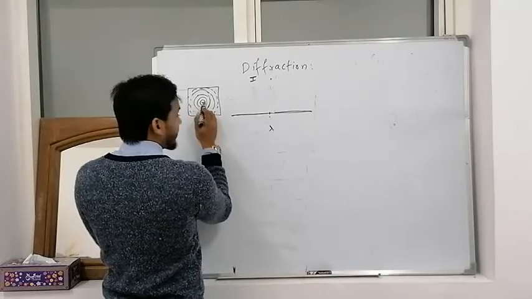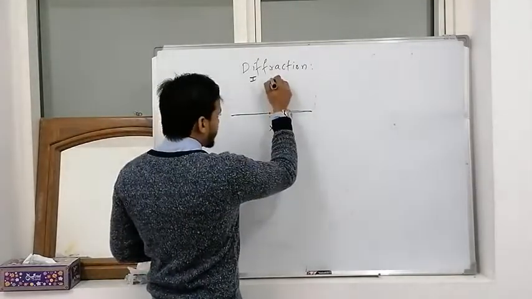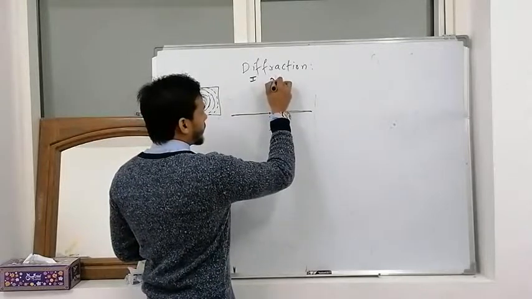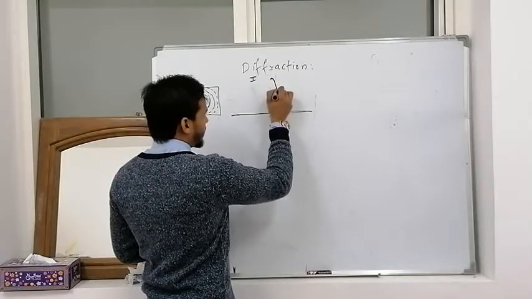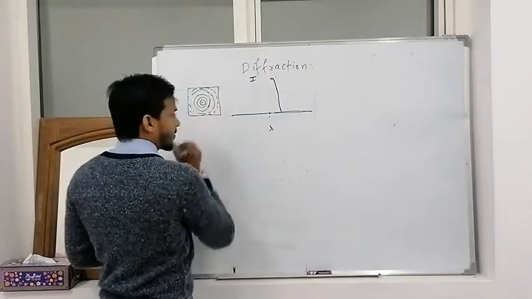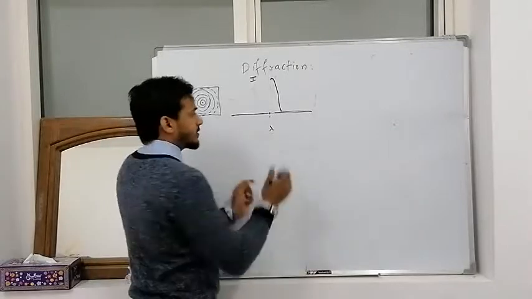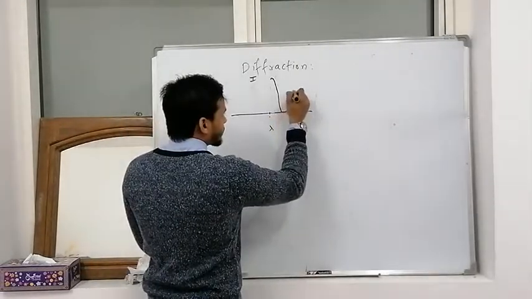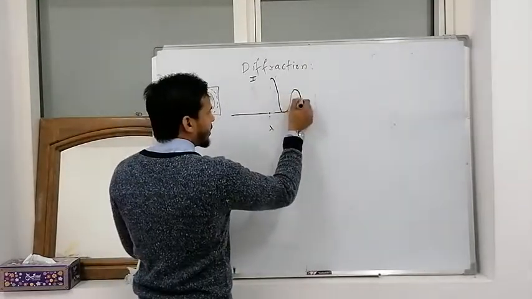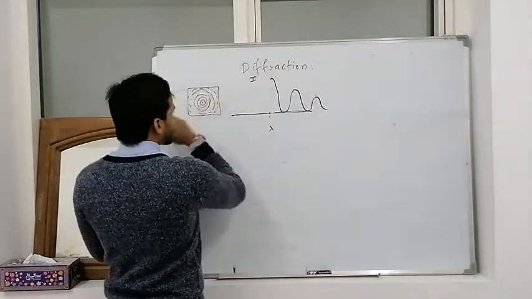As we go away, there is darkness. Darkness means intensity decreased. There are both sides. If we talk about the first side first, then we will see the second side. Here the intensity is maximum and here it is decreasing. There is the dark ring. After that, again there is a ring of brightness. Again the intensity will increase, but not more than this. Again it will come to a maximum, again it will decrease. It will continue like this. On the other side, same.